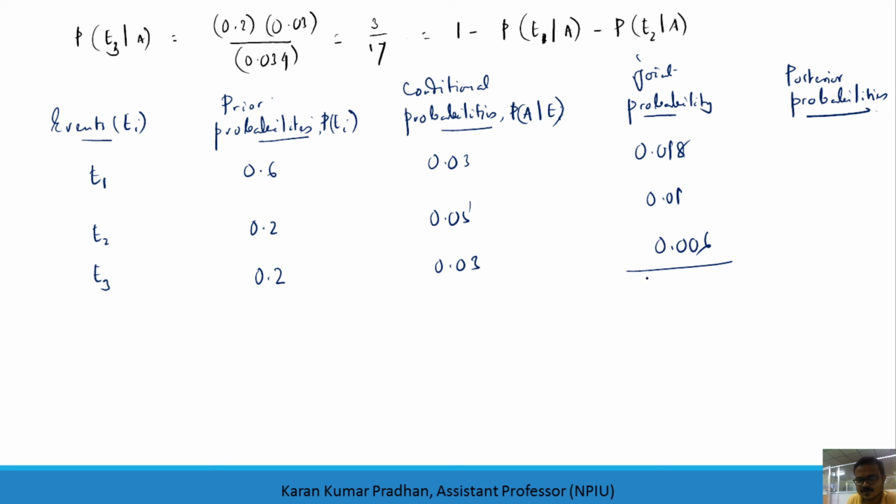If you add up, you will get 0.034. This is important. And the posterior probabilities are 9 by 17, 5 by 17 and 3 by 17, which add up to 1. So in this way you can create the table related to Bayes theorem also, right?